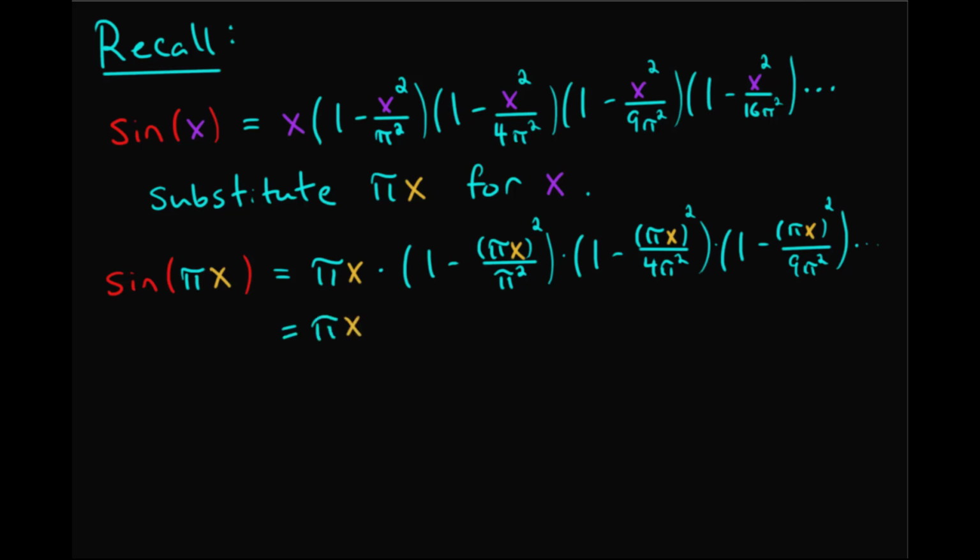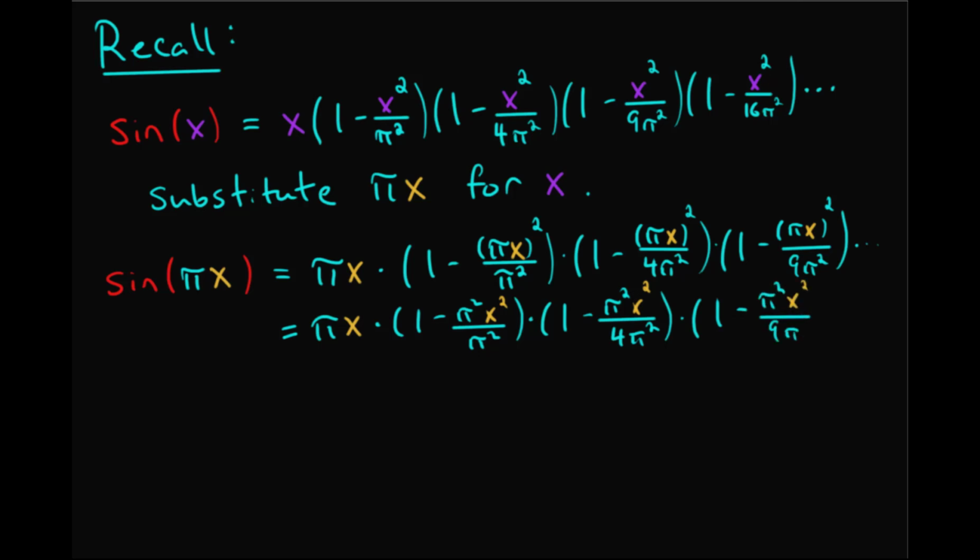So then sine pi x is going to equal pi x times (1 minus pi squared x squared over pi squared), times (1 minus pi squared x squared over 4 pi squared), times (1 minus pi squared x squared over 9 pi squared), times ... And then the pi squared terms just cancel.